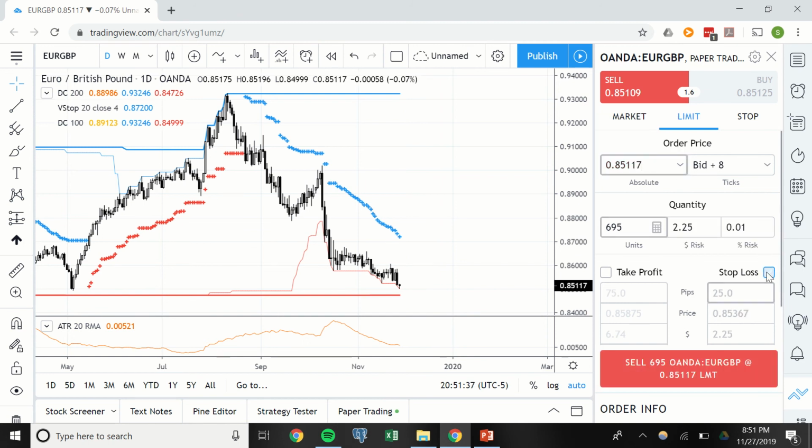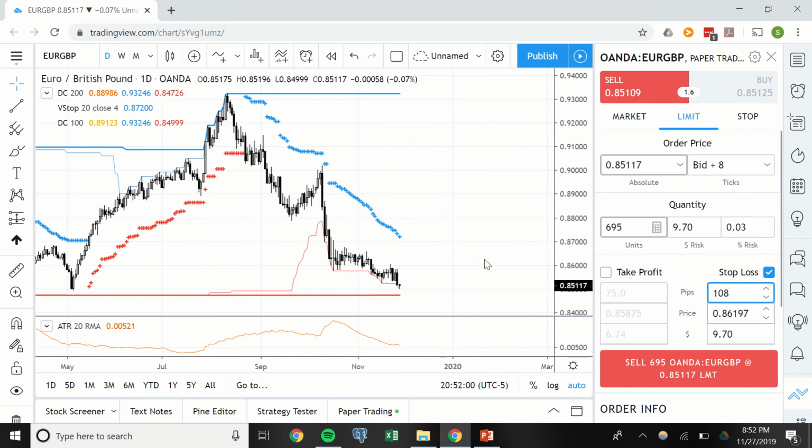Our stop loss is going to be sort of 4 times the 52, so you could use the 108, and that would get us at 0.86197, which isn't quite right.